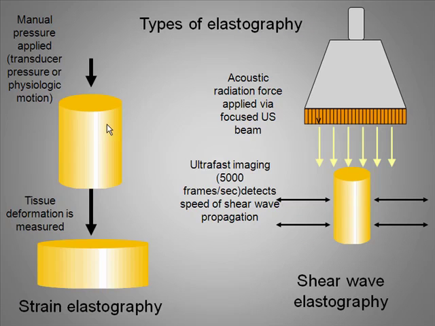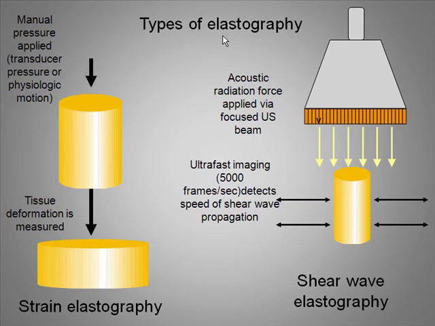Today we use primarily two types of elastography: strain elastography, where manual pressure is applied to the breast, either by simply pressing down with the transducer or by holding the transducer still and allowing the patient's own physiologic motion to compress the mass. And the degree of deformation of the tissue that results is measured. Alternatively, in shear wave elastography, an acoustic radiation force is applied via a highly focused, high-energy ultrasound beam.